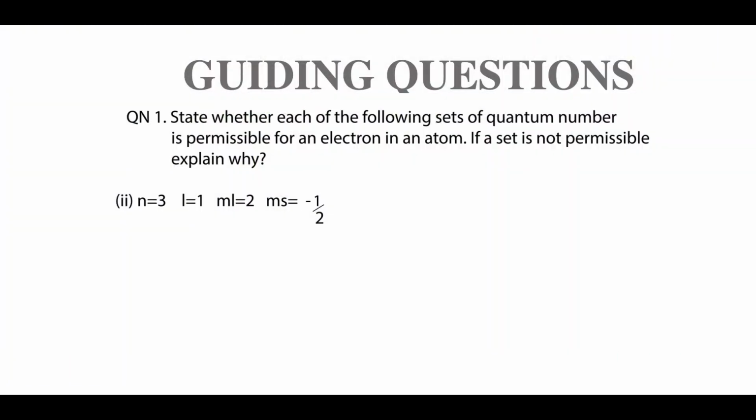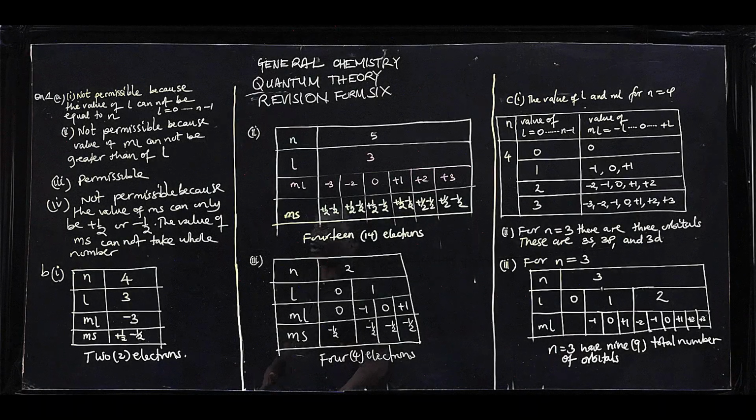Roman 2: n is equal to 3, l is equal to 1, ml is equal to 2, and ms is negative 1/2. Let me account whether these 4 sets of quantum numbers are permissible or not. For n is equal to 3, shell number 3 or main energy level number 3.